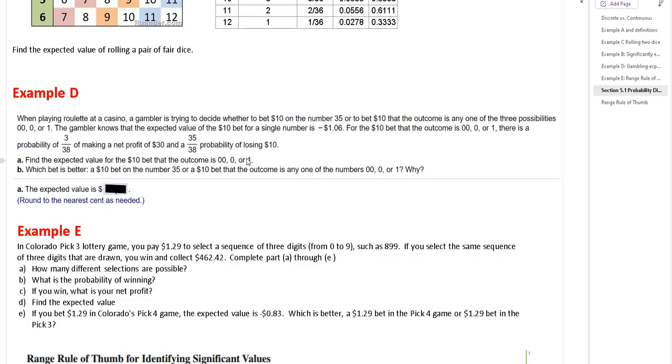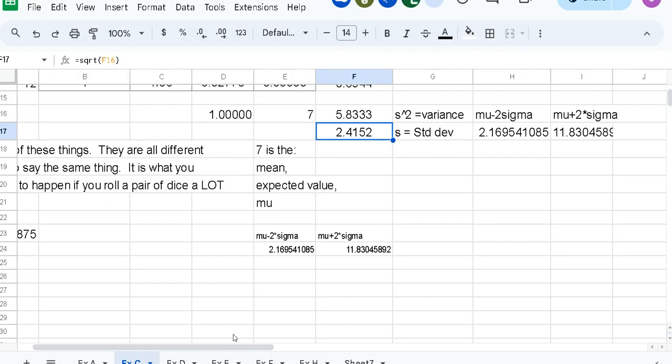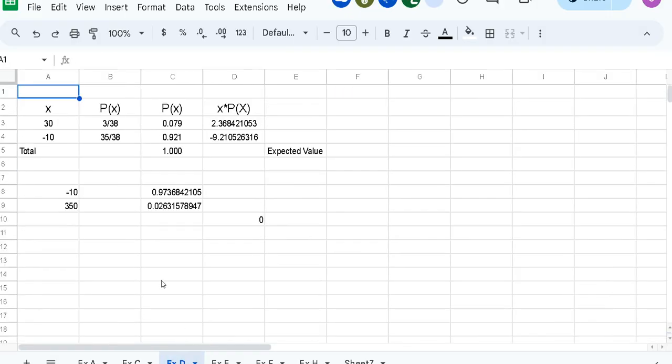So I've got this already teed up for us in example D, our little tabs here, so let's click over to that. Here's your 2 outcomes. One thing that has to be true is that your outcomes have to be numerical values in order to consider this a probability distribution, and they are. Either you win $30 or you lose $10.